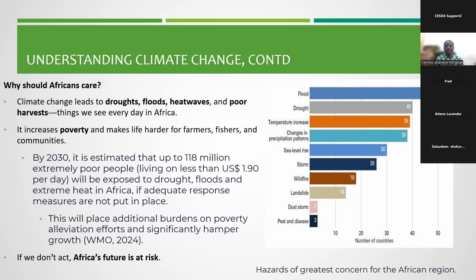In fact, the World Meteorological Organization has estimated that about 118 million extremely poor people are likely going to be exposed to these climate events that I just talked about. Already, the continent is taking steps to help alleviate poverty in so many countries on the continent. And if climate change is also bringing its problems, then it means that is going to be some kind of added responsibility to what we are trying to do to address this particular problem.